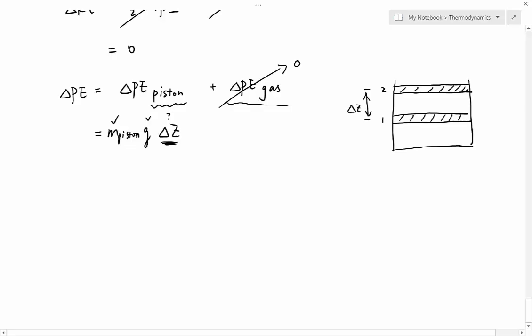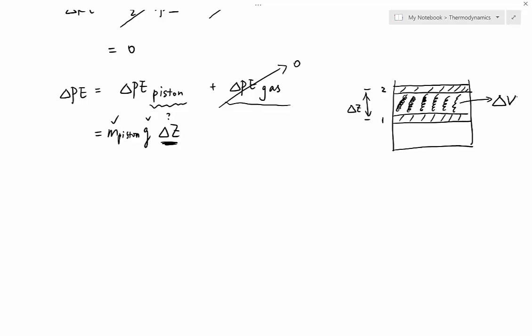Okay, how do I find delta Z? All right, let's recall. Do you remember? What is the volume here? This is the change of the volume, right? This space here is the change of the volume of the gas. This is delta V. And what is the shape of this volume, this delta V?